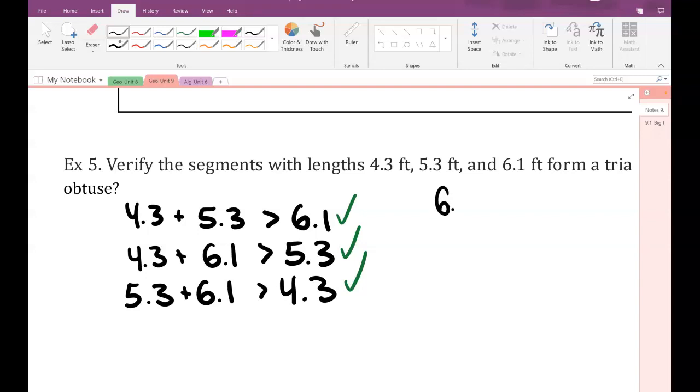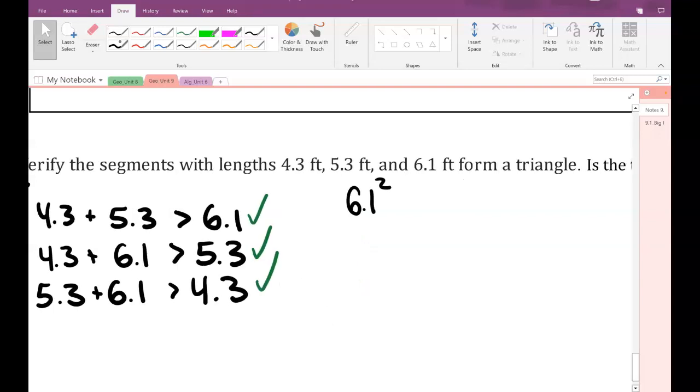So I'm going to say 6.1 squared, and I'm going to leave a gap in between them, and then write 4.3 squared plus 5.3 squared. Why do I leave the gap? Because I'm going to go through and simplify, and I'm going to put my symbol in the gap at the very end, because I don't know which side is the greater one right now.